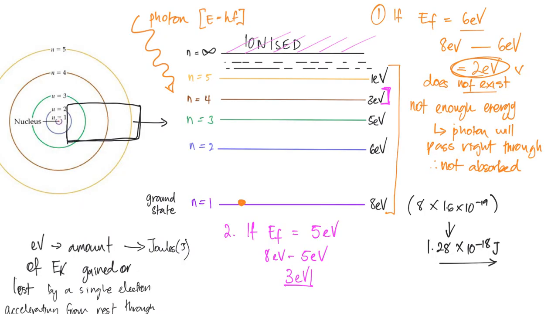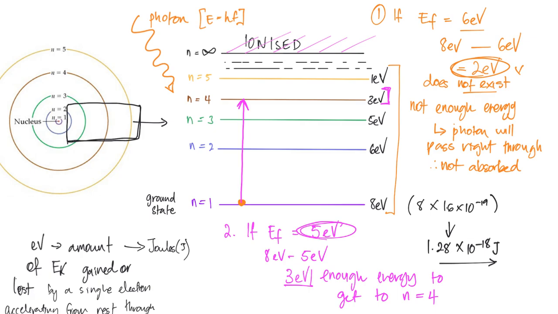So now I have enough energy to get to n equal to 4. This electron can go all the way up to n equal to 4 because it was given that 5 electron volts. So that's the first thing we must understand.